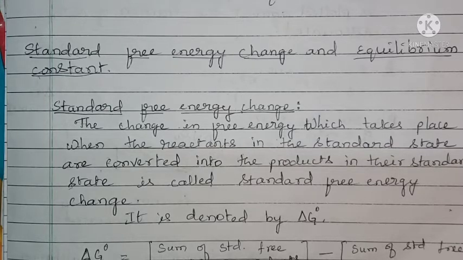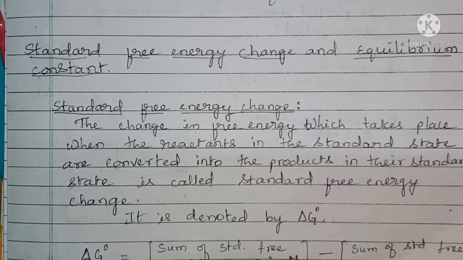If the delta G value is positive, the reaction is non-spontaneous. Different conditions you have studied. Today, what is standard free energy and what is the relationship between standard free energy change and equilibrium constant?